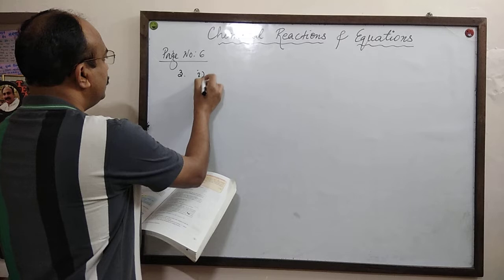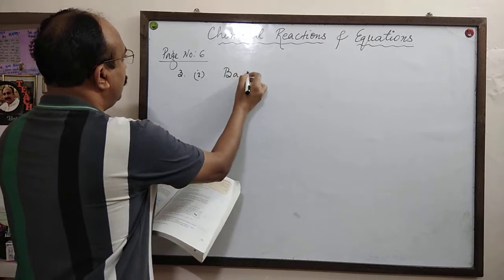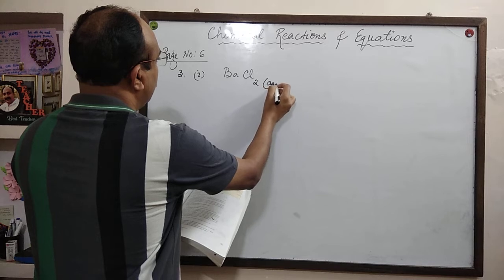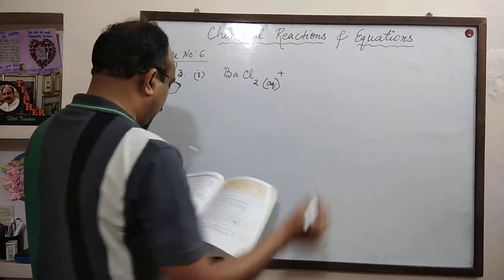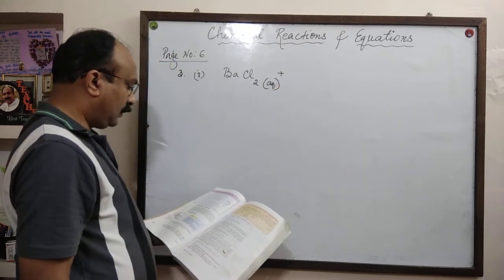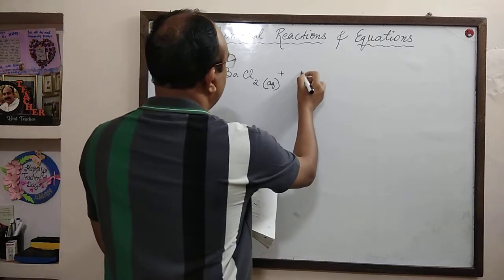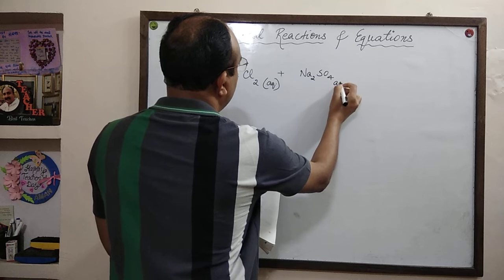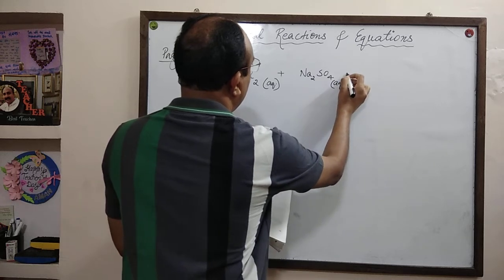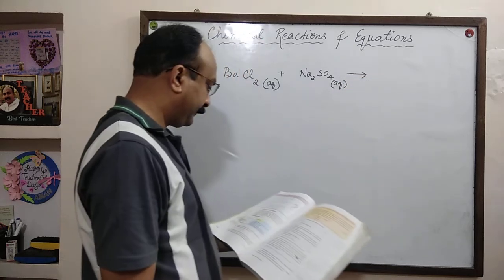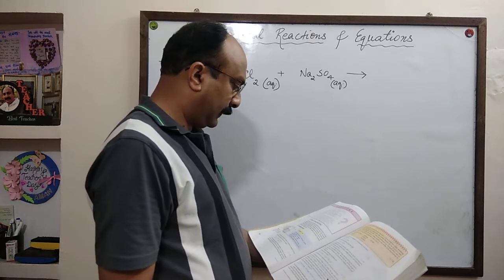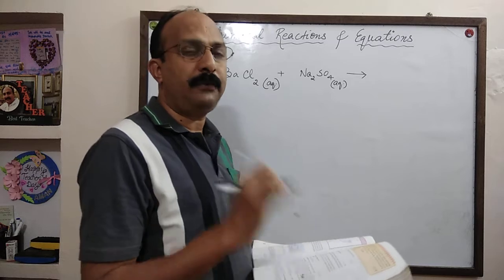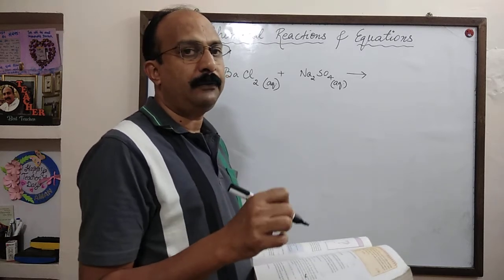So, first one, barium chloride, BaCl2, solution in water means aqua, plus sodium sulfate in water, Na2SO4 in water means again aqua, react to give insoluble barium sulfate.